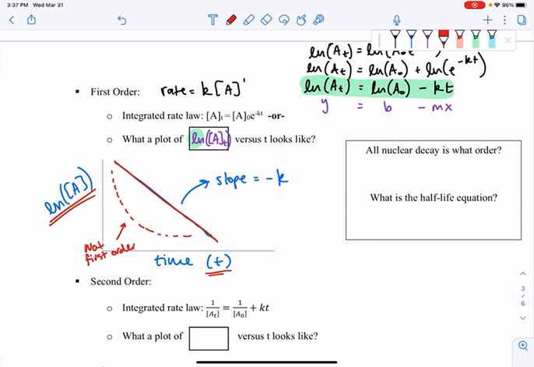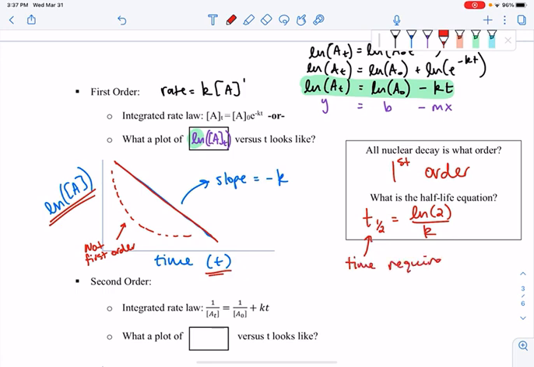Another thing about first order is that all nuclear decay is first order, so it follows these kinetics. The half-life equation for first order, the time it takes to get to half the concentration, is equal to the natural log of 2 over k. This is the time required for half the compound to react.